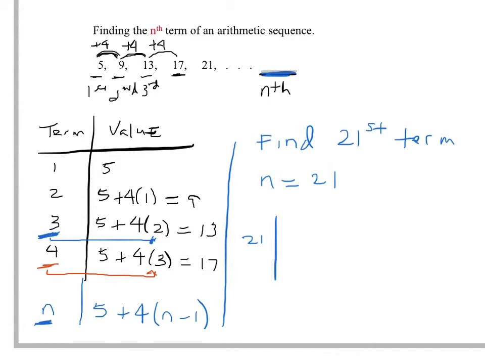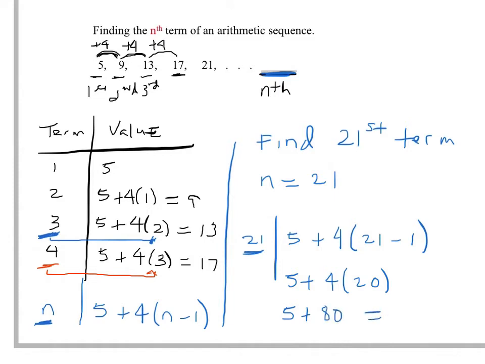I'm going to start at the first term, which is 5, and I'm going to add 4. How many times? Well, this right here tells us how many times. It is 21 minus 1, n minus 1. So that is 5 plus 4 times, well, 21 minus 1 is 20, and 4 times 20 is 80, and 5 plus 80 is 85.